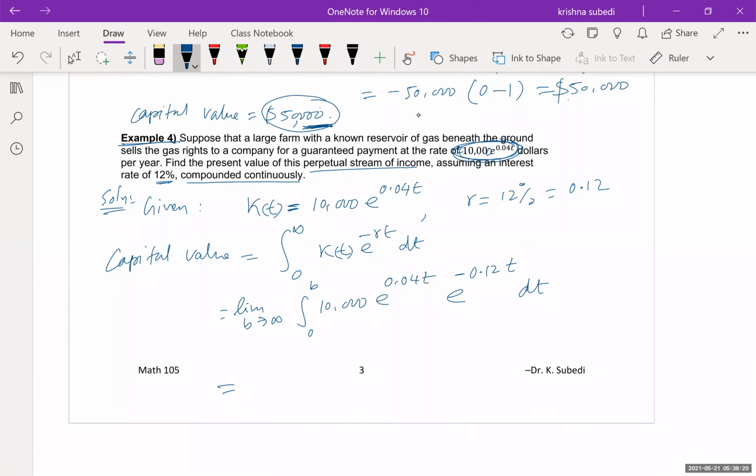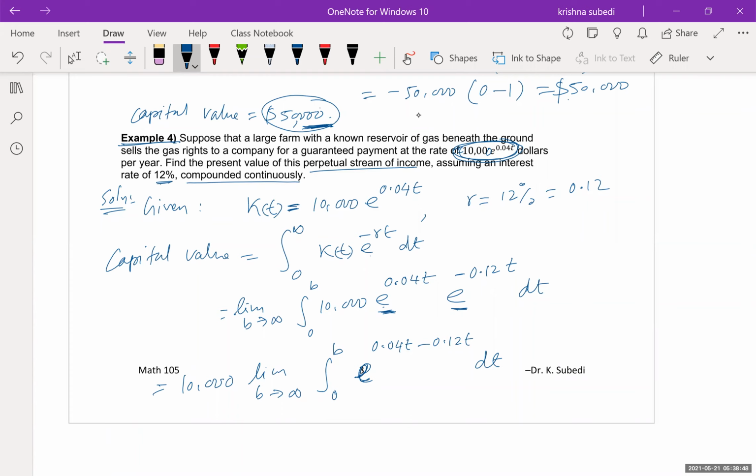Now in this case you can combine this e and this e. When you combine that, because they have the same base, how do we combine it? Recall from your middle school. Let me write the 10,000 outside to make life easy. And so here you are left with e raised to power 0.04 t minus 0.12 t dt, right?